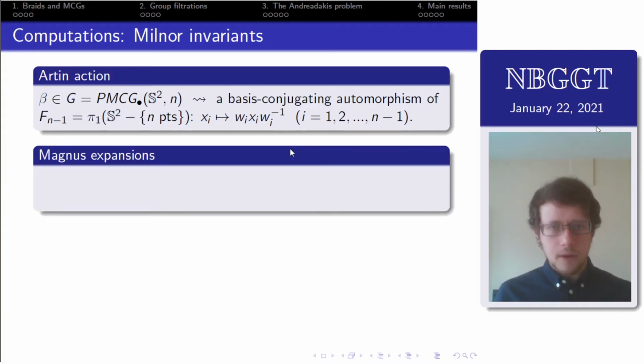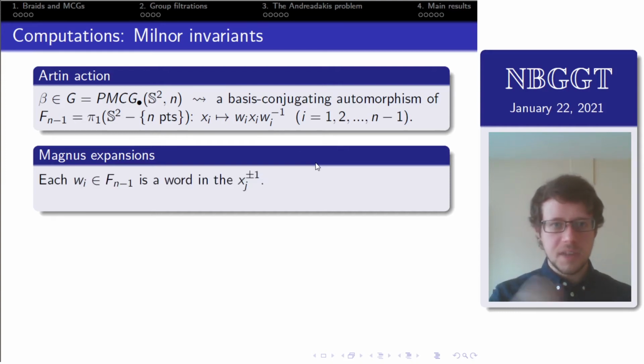So now from these elements Wi, I will get formal power series, which are their Magnus expansions. These elements are elements of the free group, so they are words in the xj and their inverses.